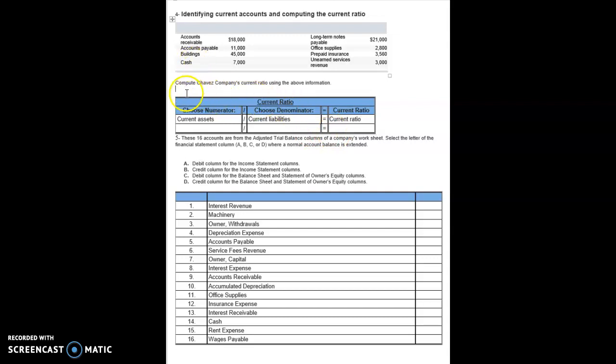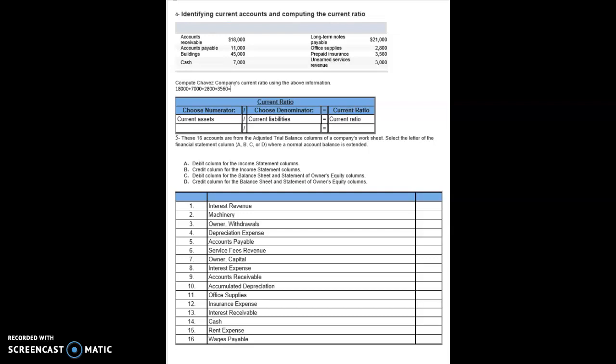So I'm going to use this little space up here to add in there. So we have current assets. We have accounts receivable of $18,000, plus we have cash of $7,000. We have office supplies of $2,800. And then we have prepaid insurance of $3,560.